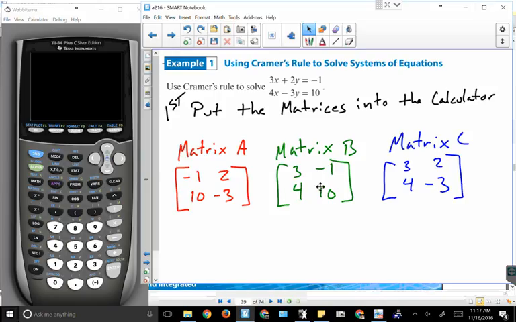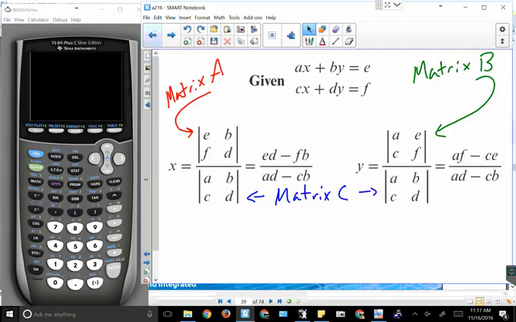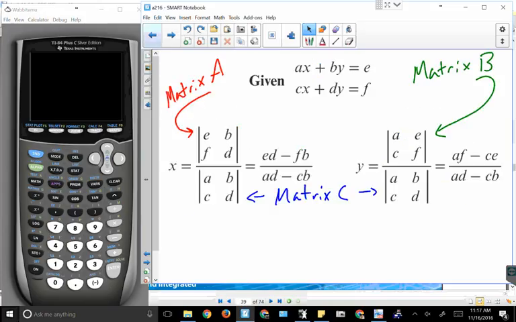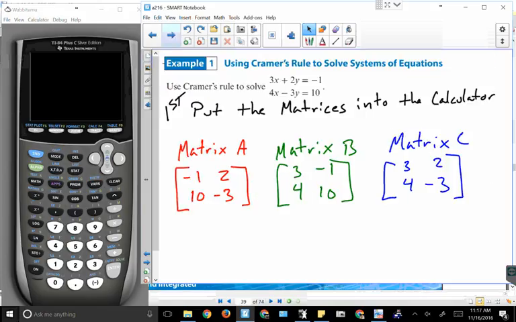Matrix A, matrix B, matrix C. So now A I had listed as E, B, F, and D. So I've got E and B, F and D. Same thing with matrix B. Matrix B was simply going to be A, E, C, and F. And then the last matrix is always going to be the coefficient matrix, the numbers out in front. 3, 2, 4, negative 3.